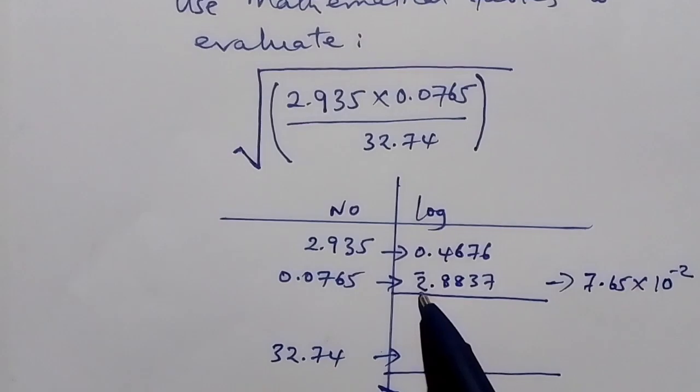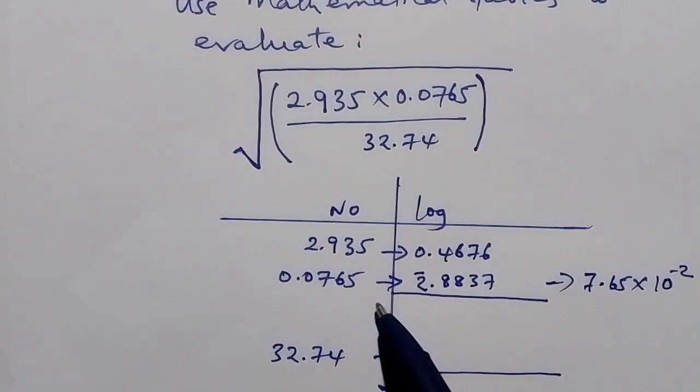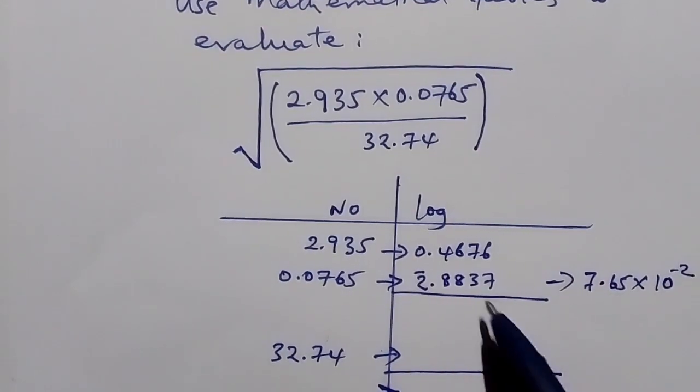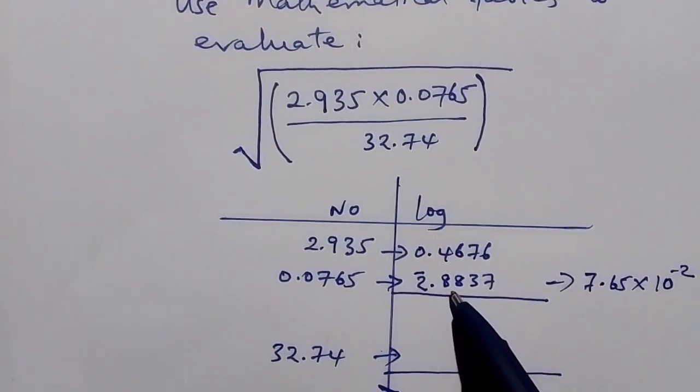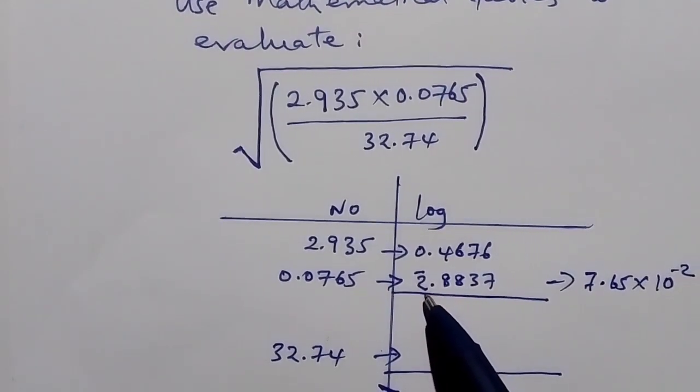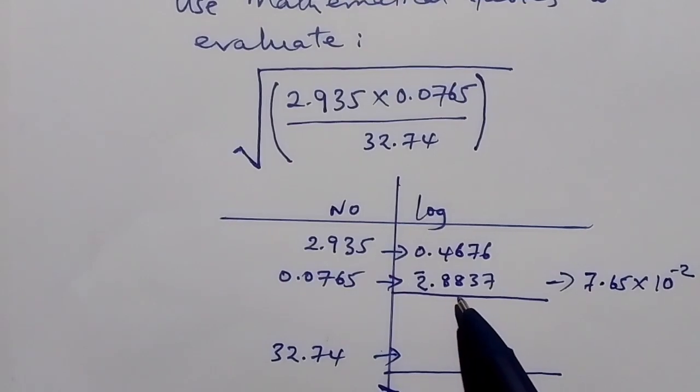So it is bar 2. Then from the log tables we check the log of 7.65, which is equal to 0.8837. So this one becomes bar 2.8837.